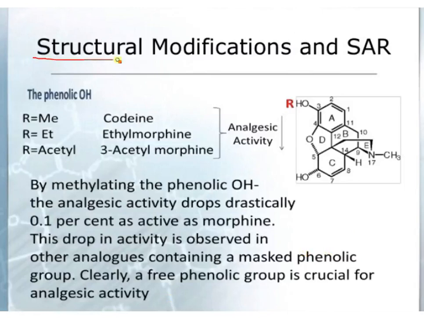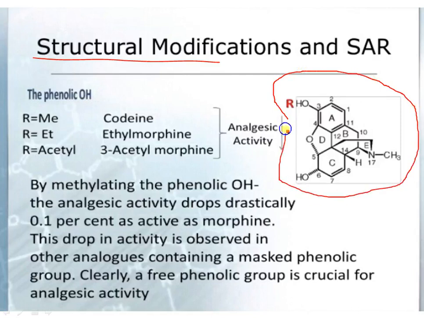This is the structural modification and structure-activity relationship of morphine. Consider the hydroxy group at the third position first. When we replace the hydrogen with R, where R is methyl, it is called codeine. The ethyl group gives ethyl morphine, and if R is acetyl, it gives acetyl morphine.